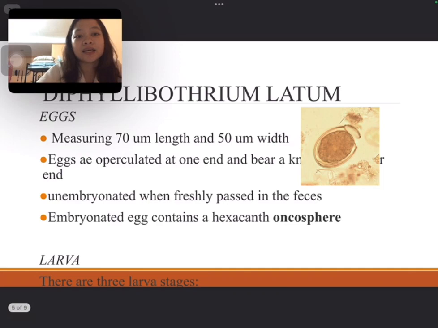Its egg measures 70 micrometers in length and 50 in width. Eggs are operculated at one end. It is unembryonated when freshly passed in feces. The embryonated egg contains a hexacanth oncosphere. There are three larval stages, which are coracidium, procercoid, and plerocercoid.